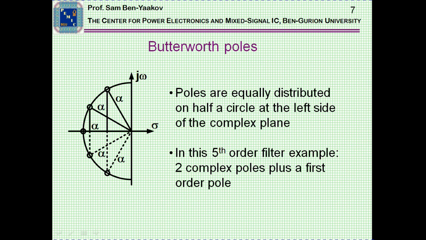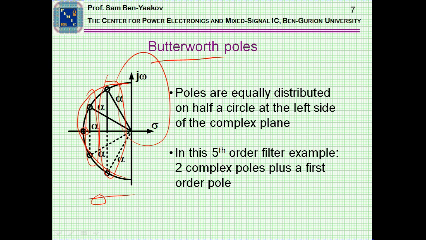A very interesting filter is the Butterworth filter. In this case, in order to get this response, we have to have the poles on a half circle on the left side of the complex plane. And in this particular case, we see here two complex poles, another two complex poles, and another real pole.